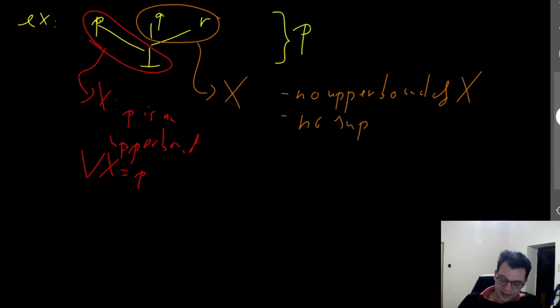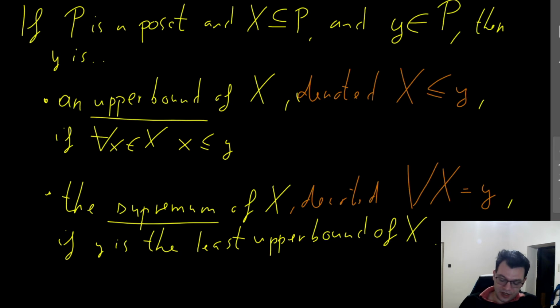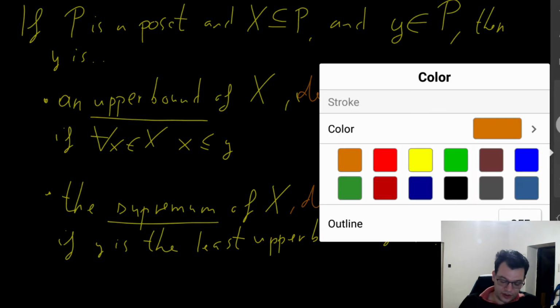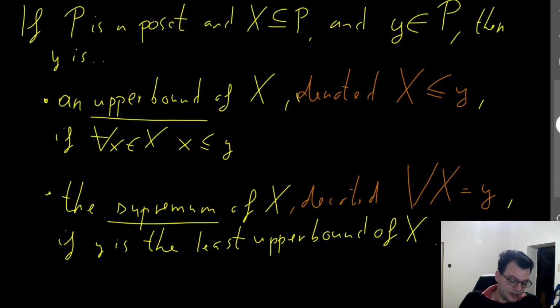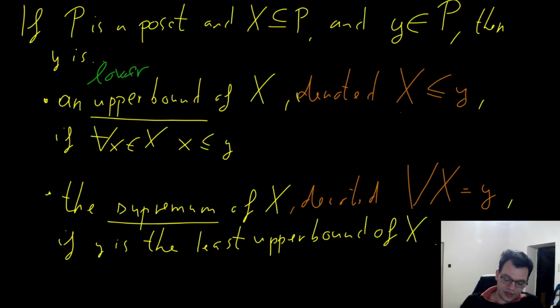But there is also a dual notion here as well. I think you are not surprised at that. So it's a lower bound, denoted by y being smaller than or equal to x, if for each member of x we have the other way around. So lower bound means just below all the elements of x, or equal to.